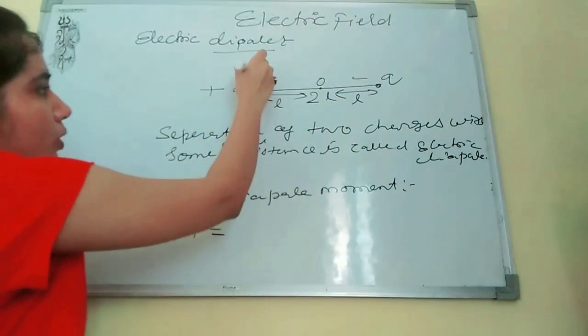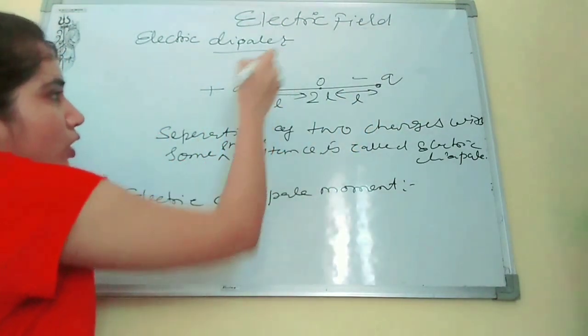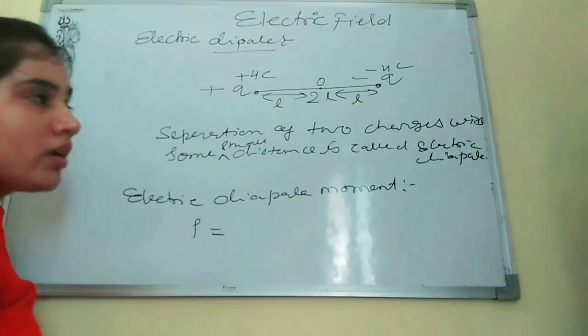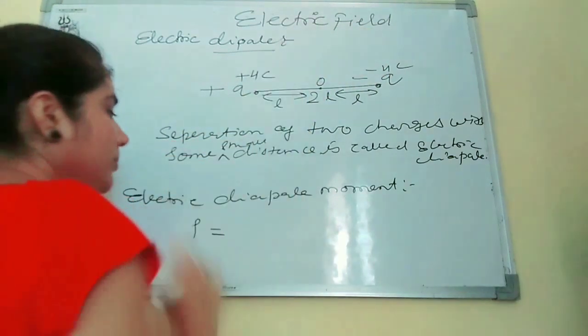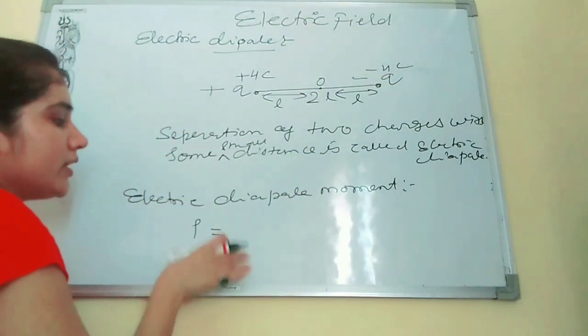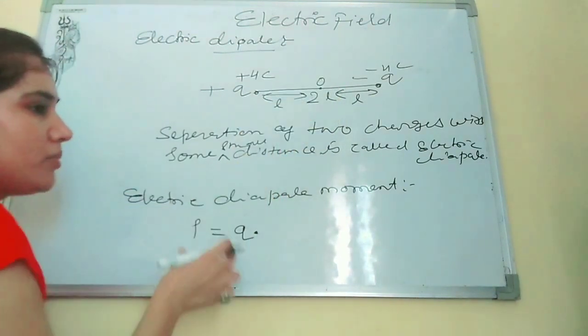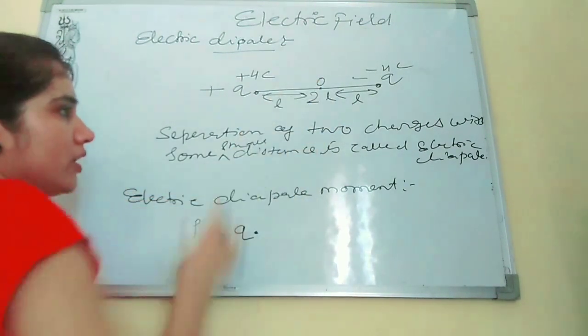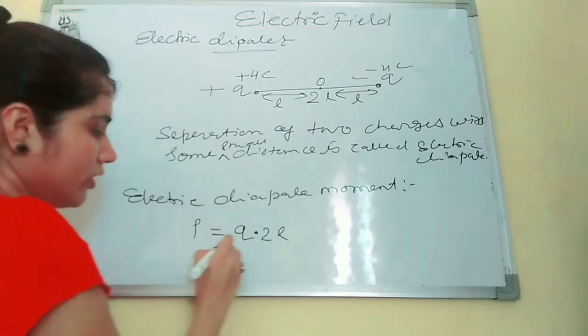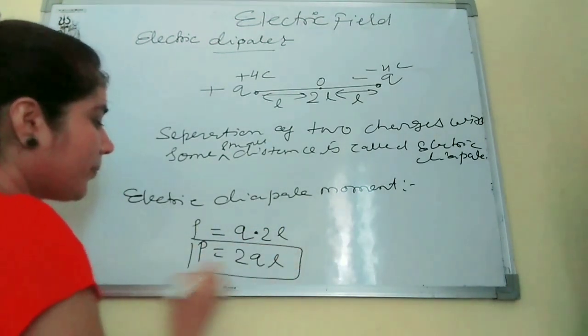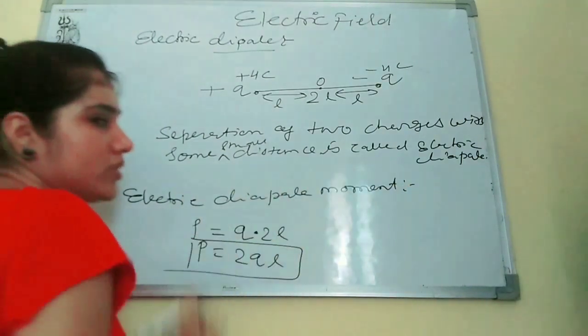If it is positive 4 coulomb, the other will be minus 4 coulomb, so the magnitude is the same. We take the charge q and multiply it with the distance, that is 2l. So it becomes 2ql. This is the electric dipole moment.